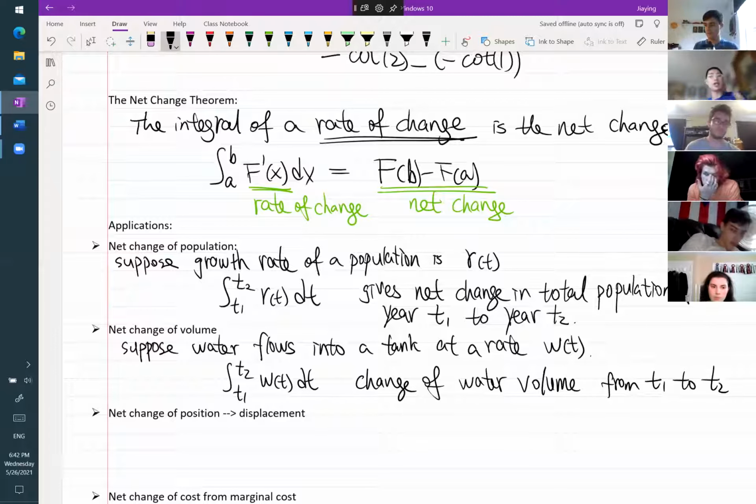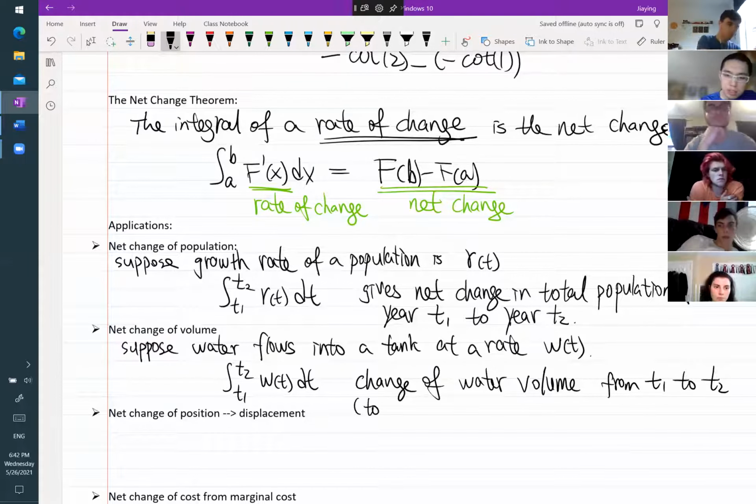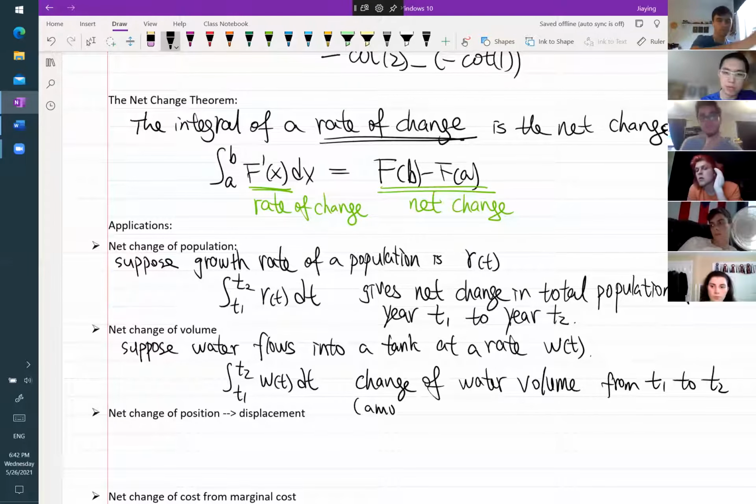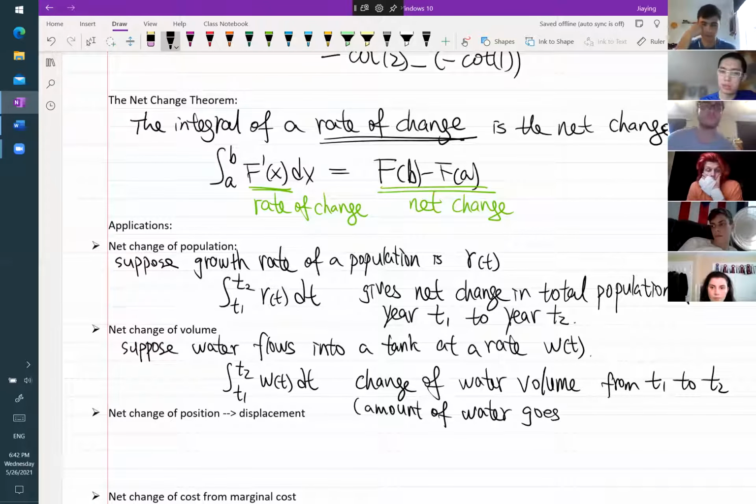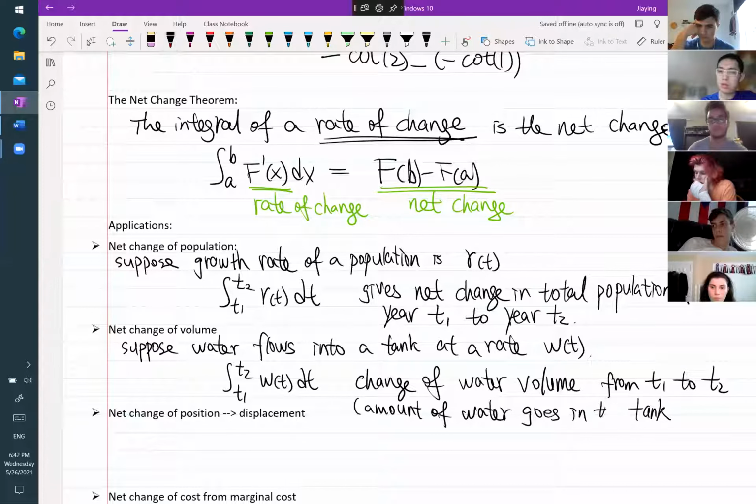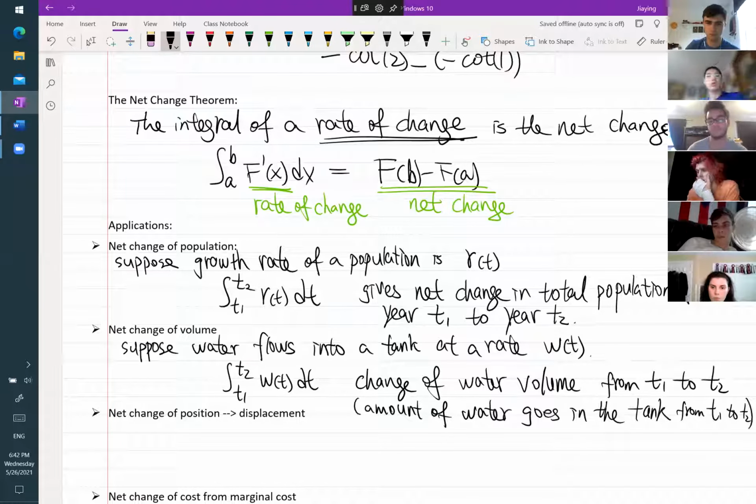That's just the total amount of water going into the tank from T1 to T2. So that's what that integral gives you.